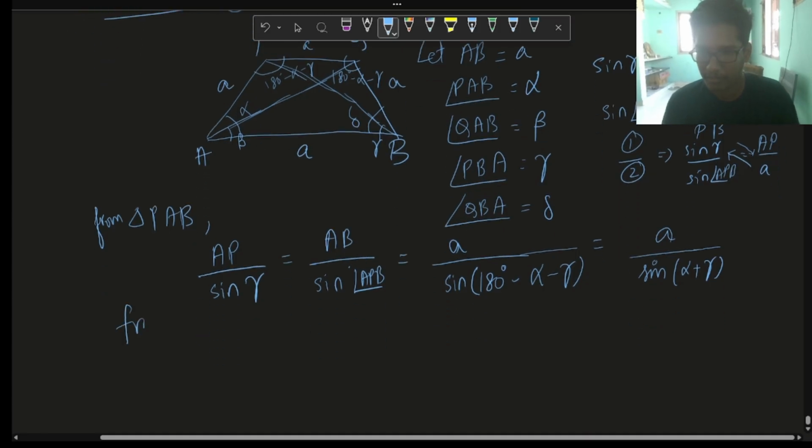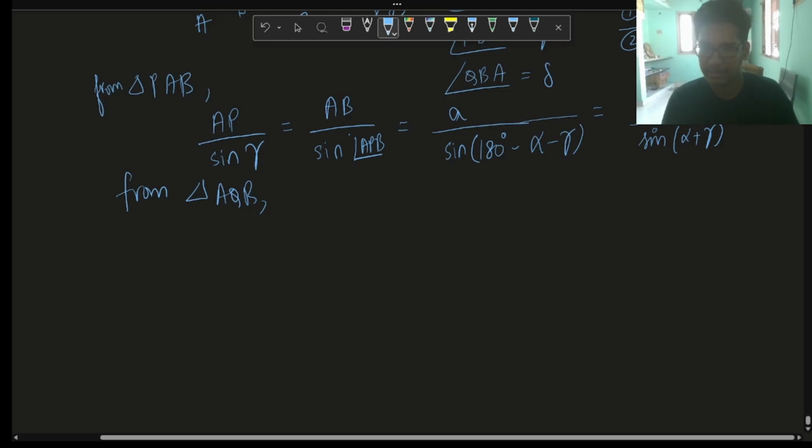In the same way I can do it from triangle AQB. This is specially called the law of sines.